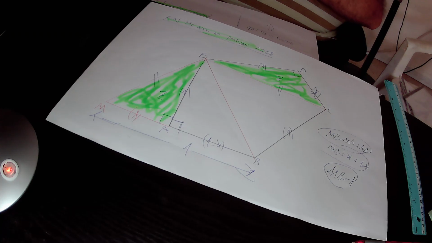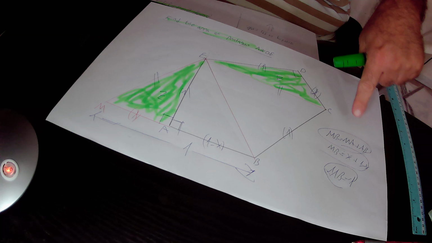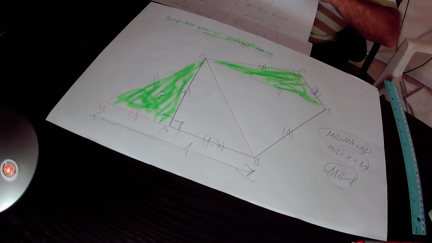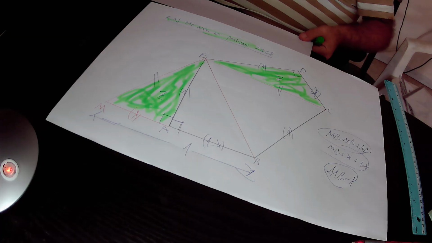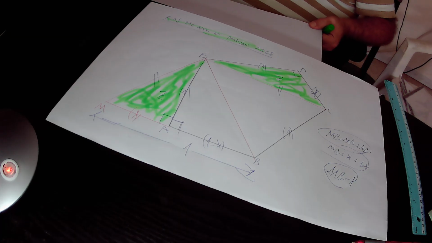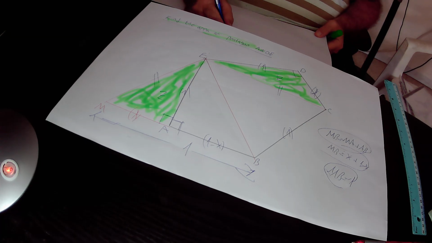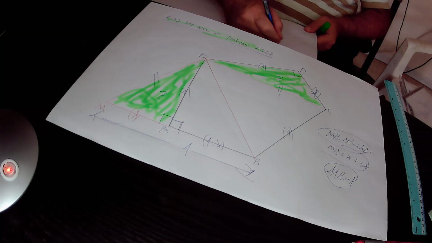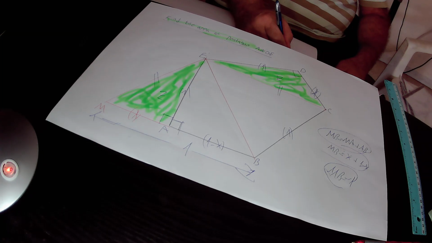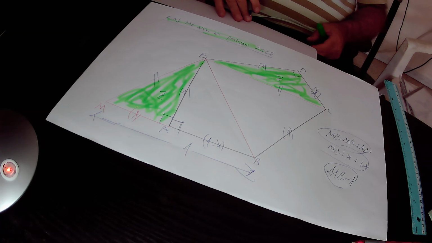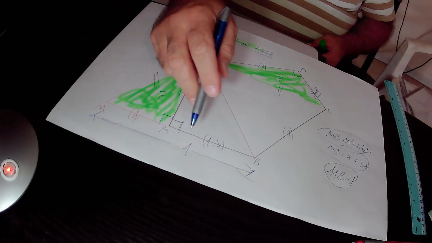So, what is the area of quadrilateral EMBC? This is quadrilateral EMBC.